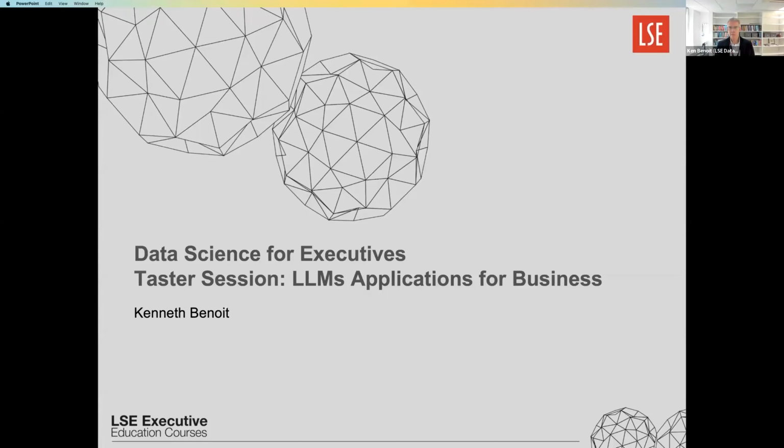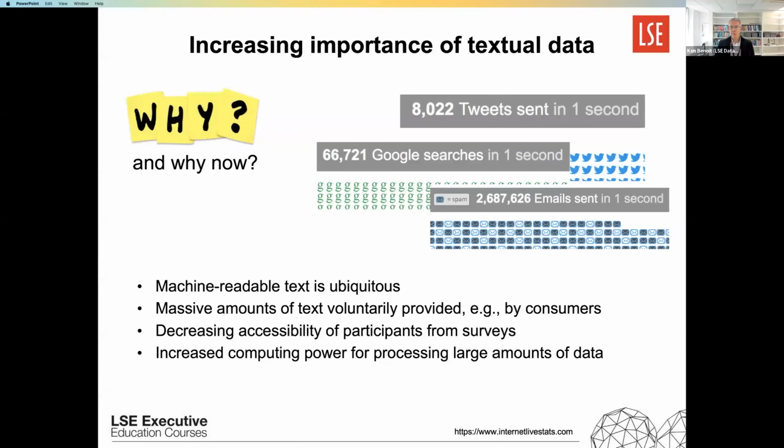And let's get started. So let's talk about the importance of text as data. I don't really need to convince you of this, but the volume is just staggering because machine readable text is everywhere. These are just some basic statistics. I don't know what they're called now, X's or tweets, but they're about 8,000 sent per second.